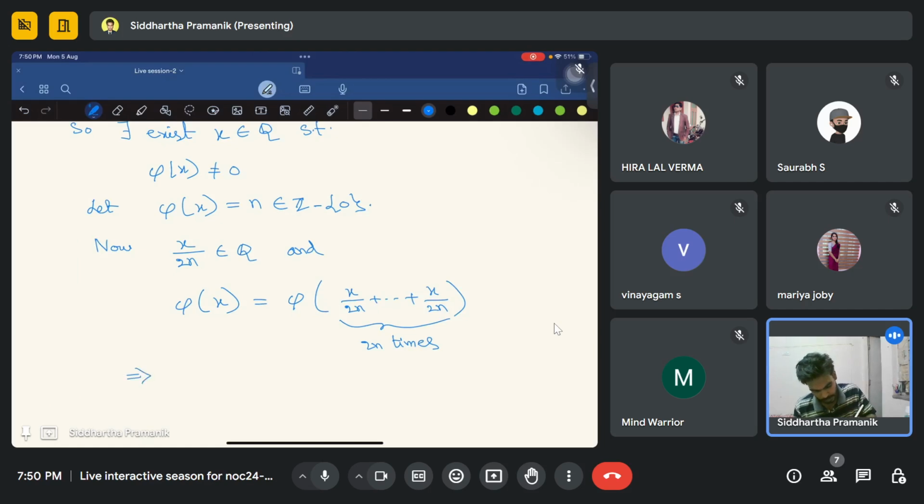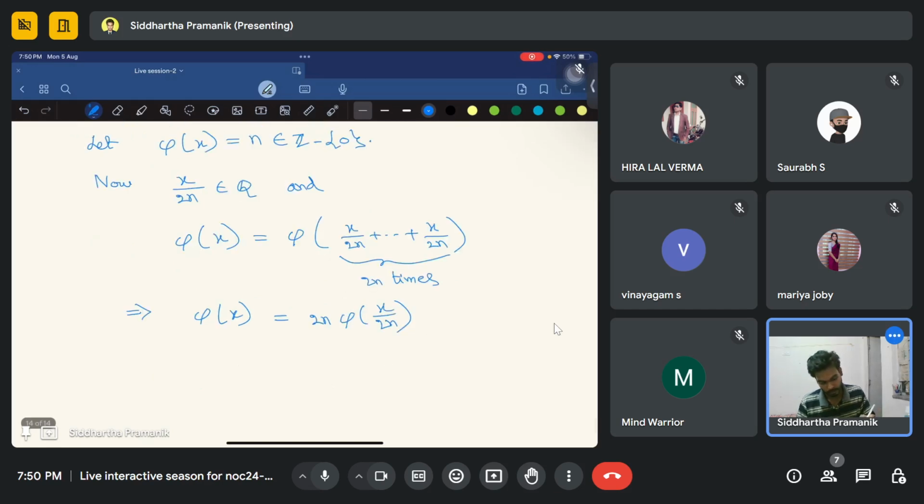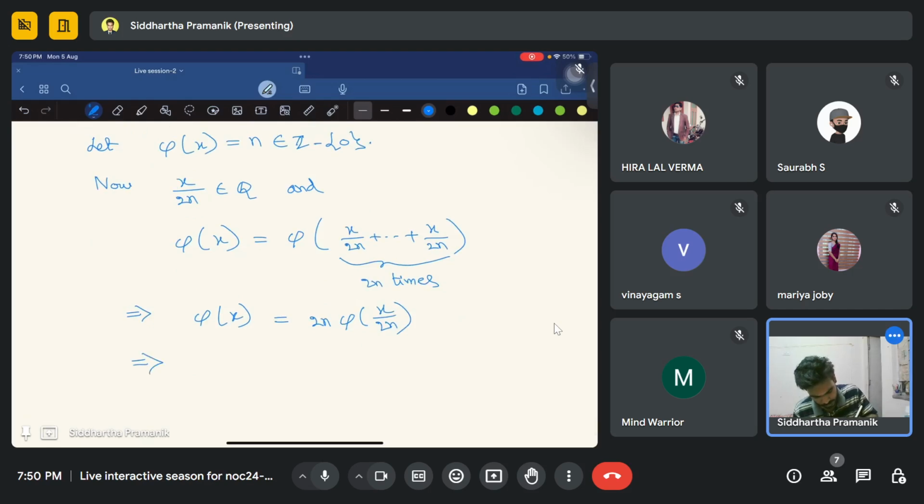So phi of x equals 2n times phi of x by 2n. So this implies phi of x by 2n equals 1 by 2n times phi of x.